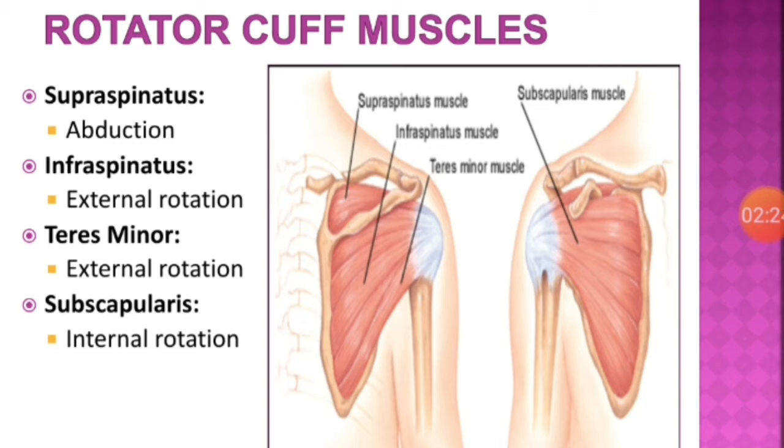The other small muscles of the rotator cuff, that is infraspinatus, which is an external rotator, teres minor, which is an external rotator again, and subscapularis, which is an internal rotator, cause a stabilizing compression and downward translation of the humerus in the glenoid fossa. This force couple is necessary for abduction.